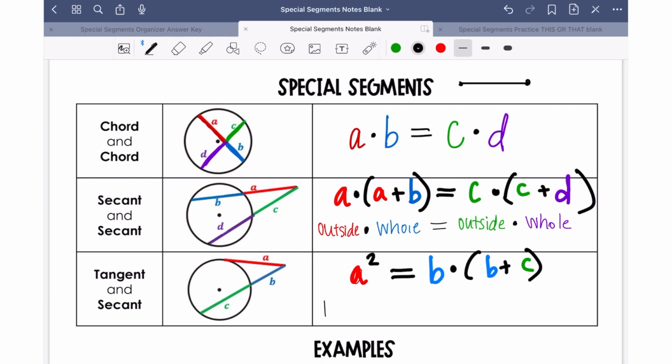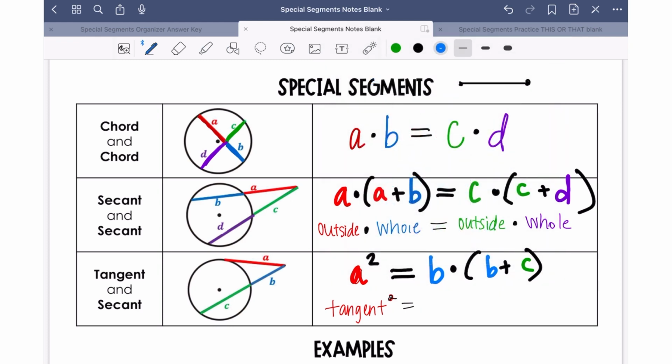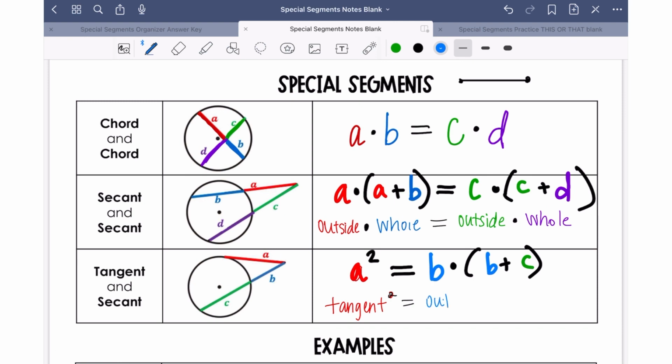Then it's going to be tangent squared equals outside times the whole thing, which is on the other, the secant segment. Okay, so tangent squared equals the outside part of the secant segment times the whole thing together.